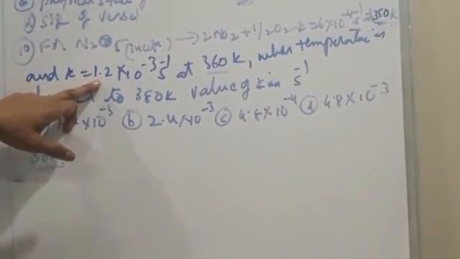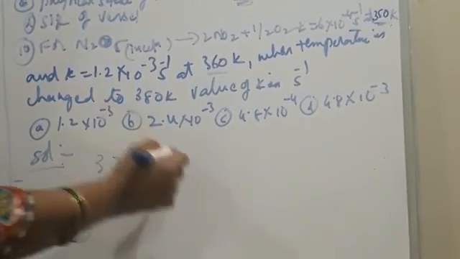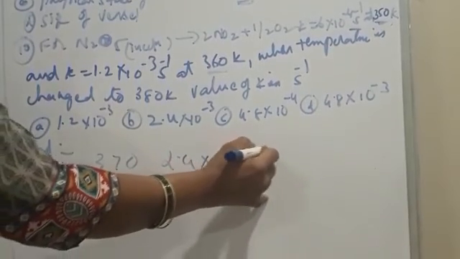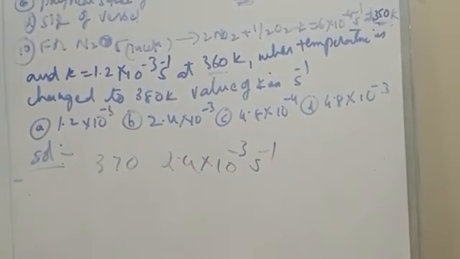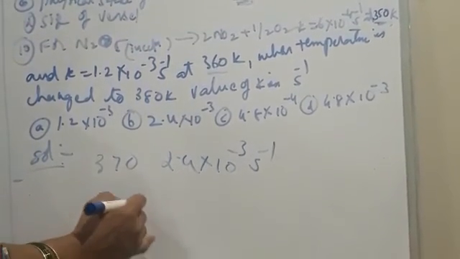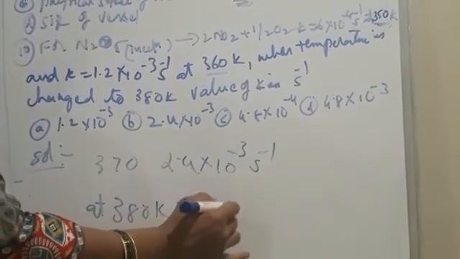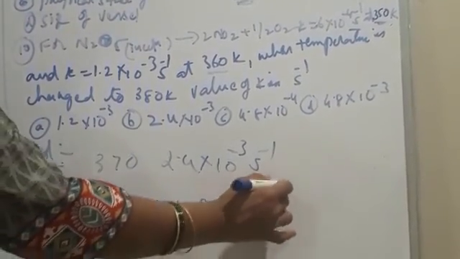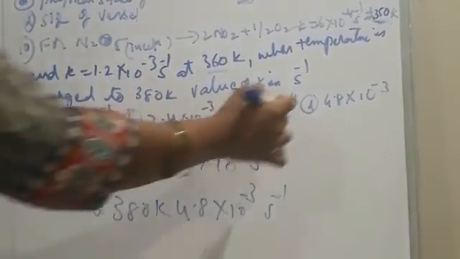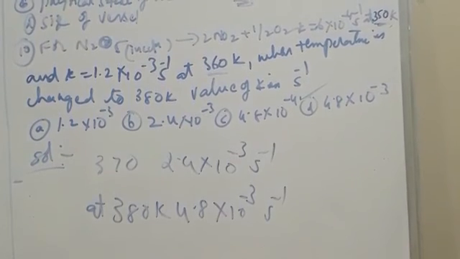So at 370, it becomes 2.4 into 10 to the power of minus 3 second inverse. And at 380 Kelvin, it becomes 4.8 into 10 to the power of minus 3 second inverse. So what is the option here? D, 4.8 into 10 to the power minus 3 second inverse.